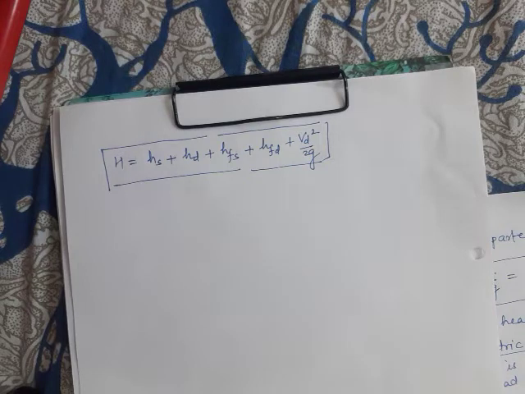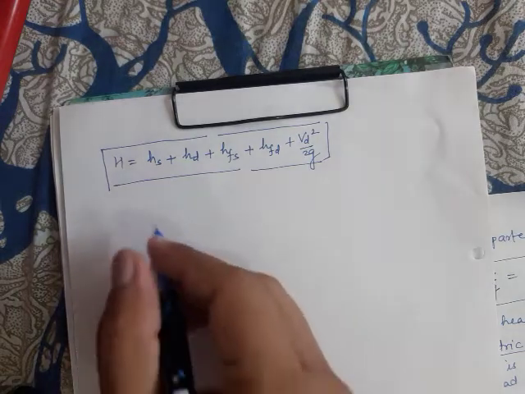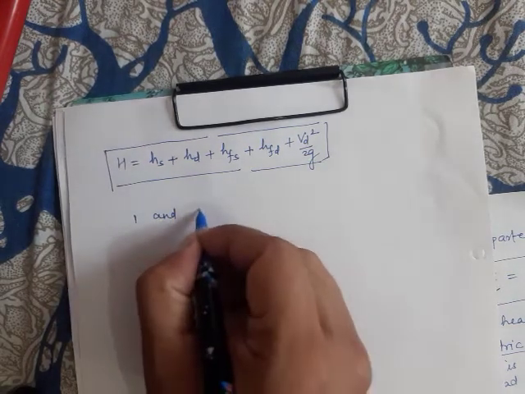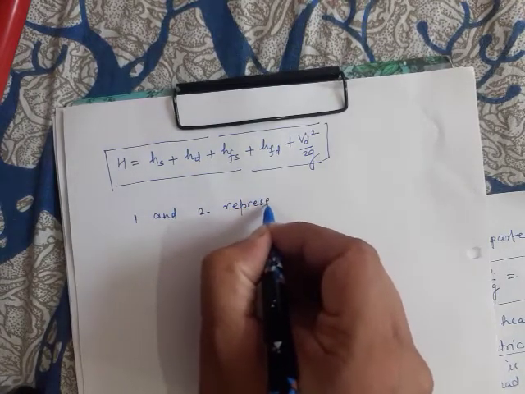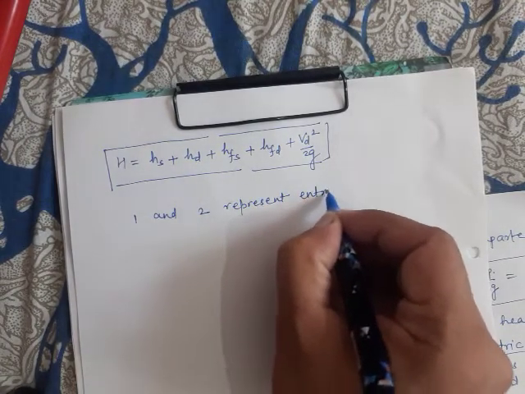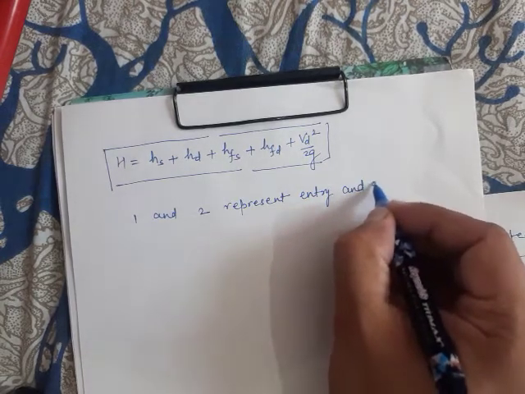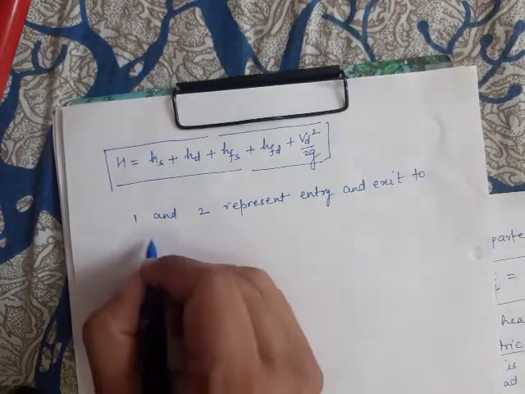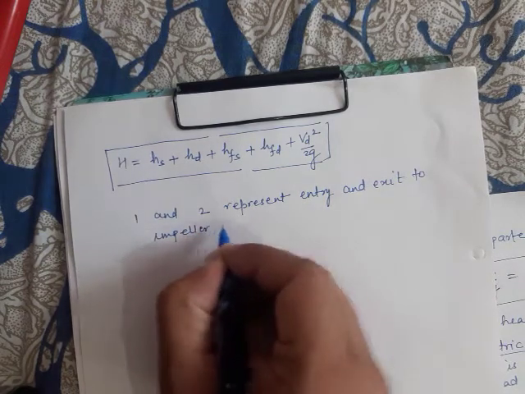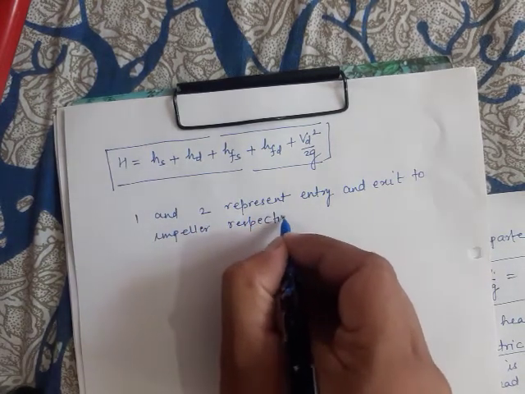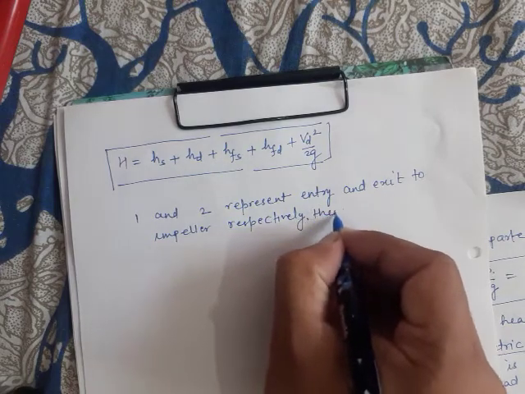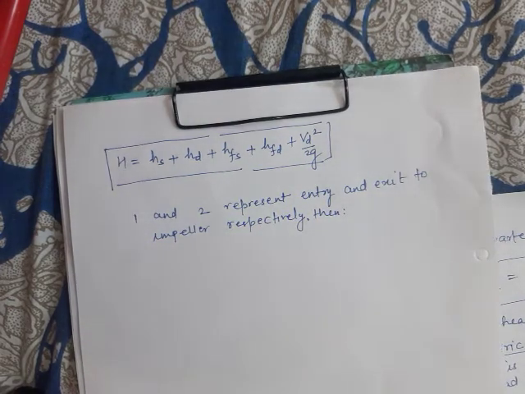Now please note one important point. If 1 and 2 represent the entry and exit to the impeller respectively, then one formula I can write by applying Bernoulli's equation.